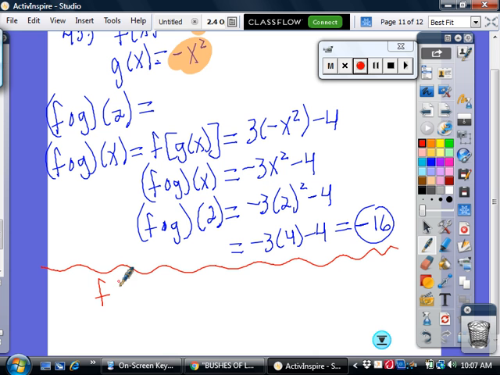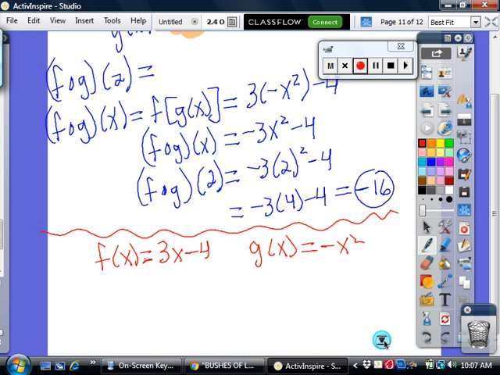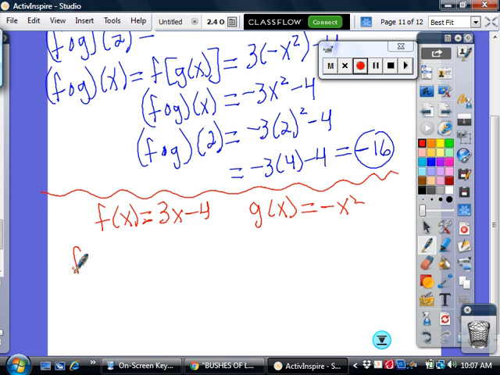Again, if I have f of x is 3x minus 4, and g of x is equal to negative x squared, and the problem says find f of g of 2.